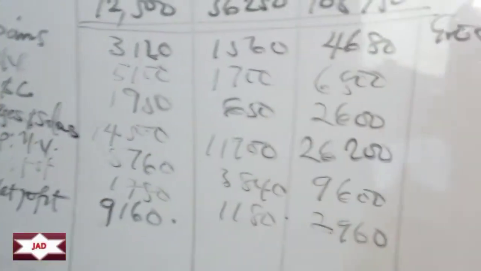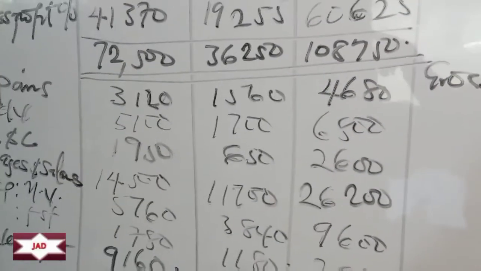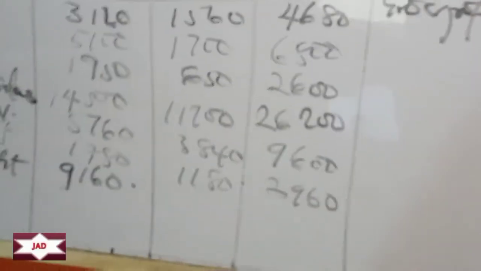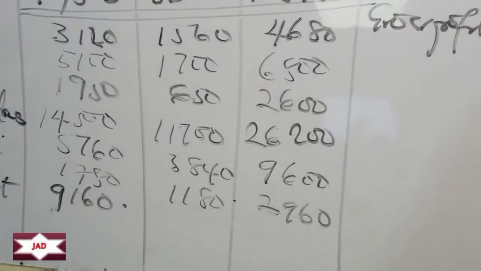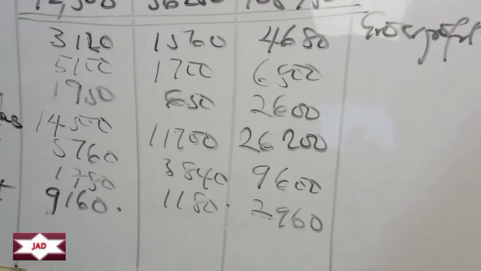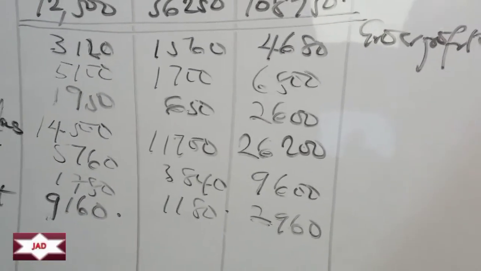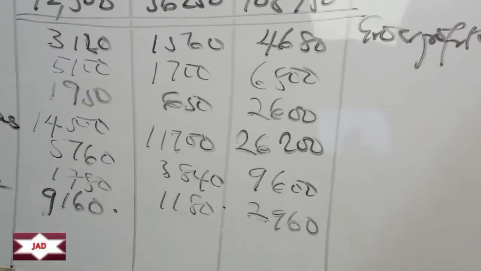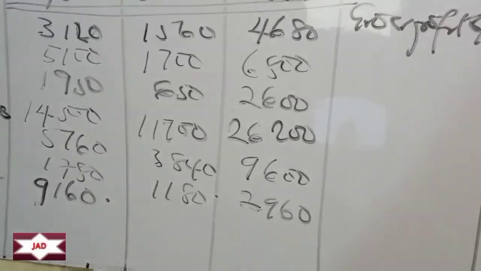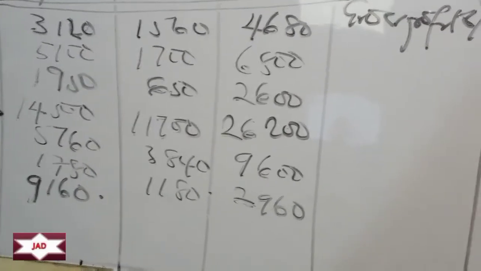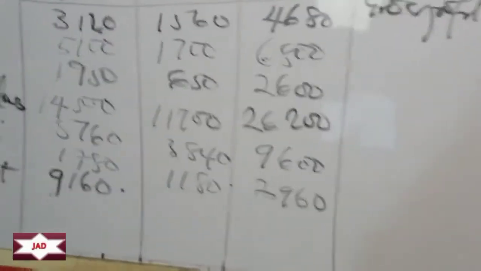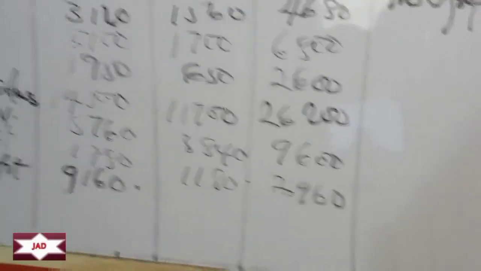So the next one there, we have 1,560 plus 1,700 plus 650 plus 1,700 plus 3,840 plus 1,180.